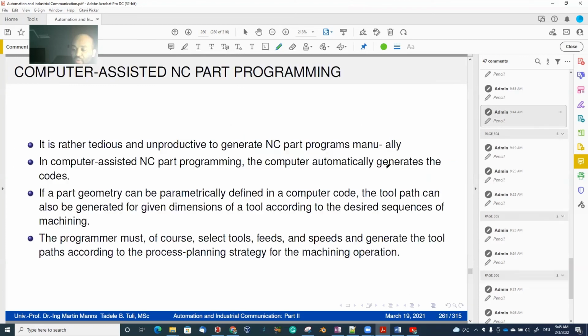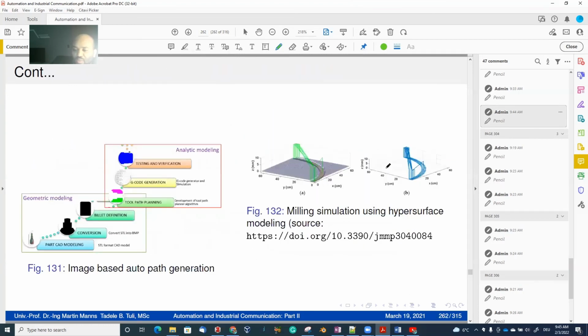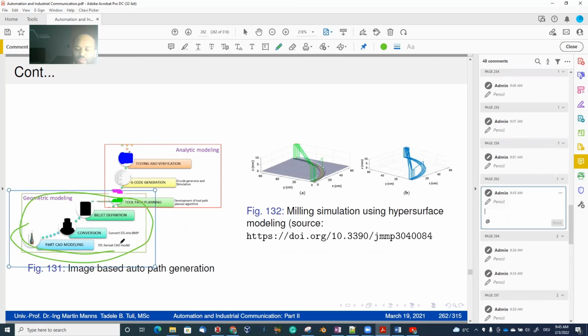Actually, in the paper, just to give you some clue, I took any 3D model, which is in STL format, from any CAD model. Then I converted this CAD model into point clouds.